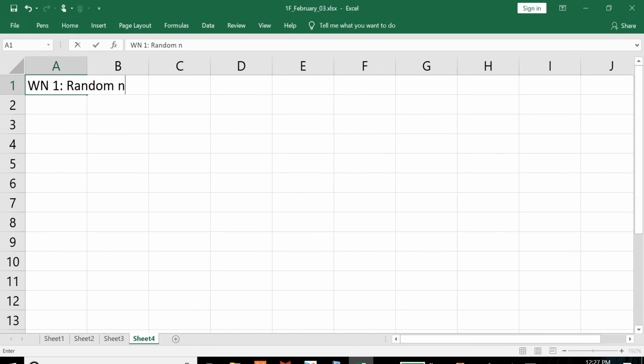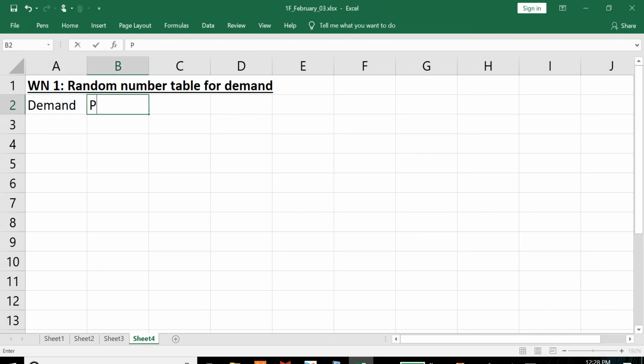Working note 1, random number table for demand. You will need 4 columns: demand, probability, cumulative probability and random number.